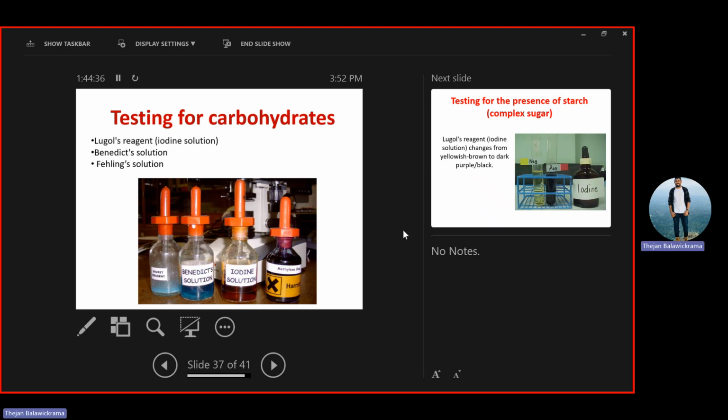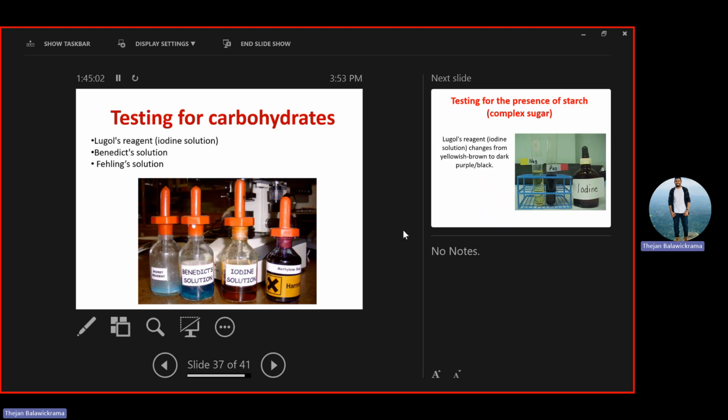These are the diagrams of those solutions. Benedict's and Fehling's solutions we were talking about are blue in color. And this reagent is iodine solution. We can identify starch by using iodine. Iodine gives a blue-black color when we add it to starch.